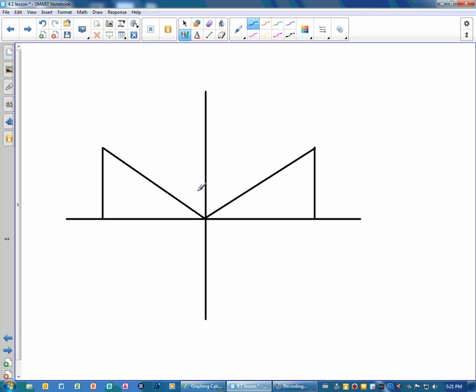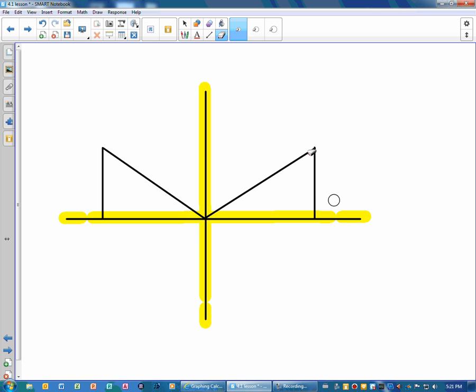So if we talk about the coordinate plane, I know this looks funny, but here's the coordinate plane. Let's see if I can get my highlighter out. This is the y-axis right here, and this is the x-axis right there. I just want to show you the y and x-axis.